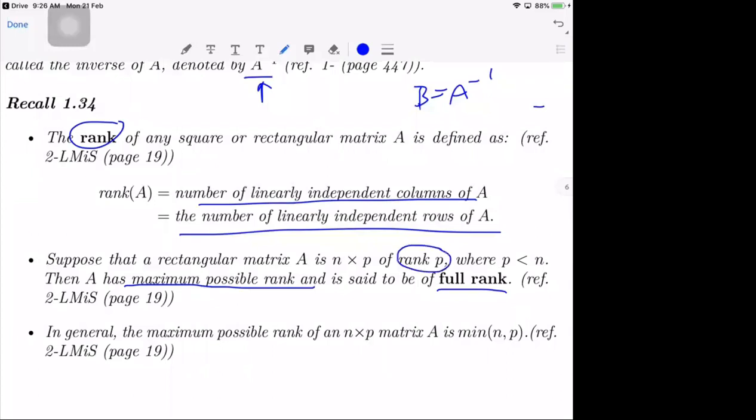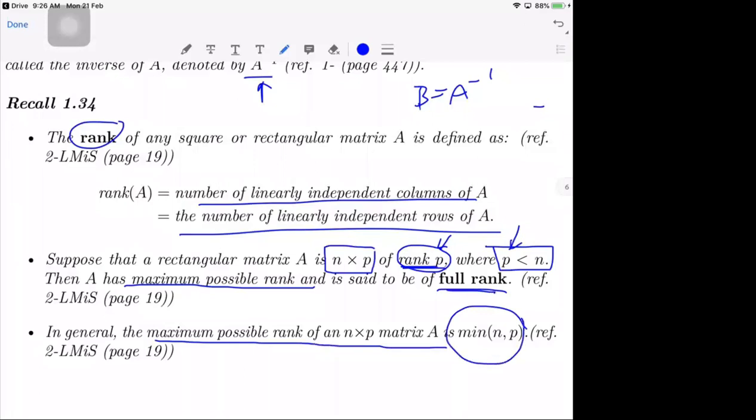So if the rank of A is P, where P is less than N, so your matrix A is N by P, and that is its rank, then we call your matrix A full rank. So in general, the maximum possible rank of an N by P matrix is whichever is the minimum between N and P.